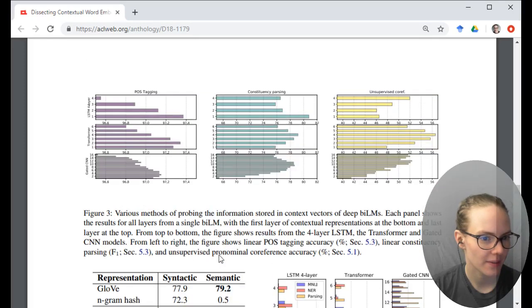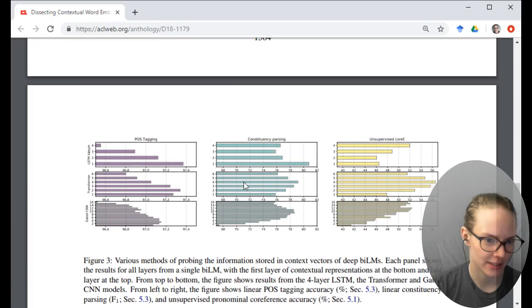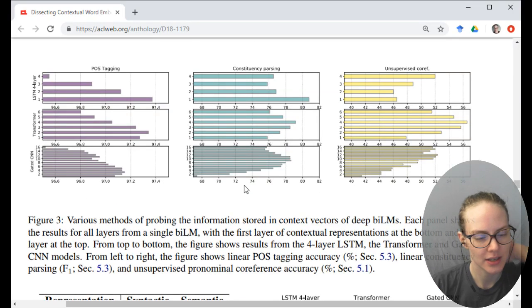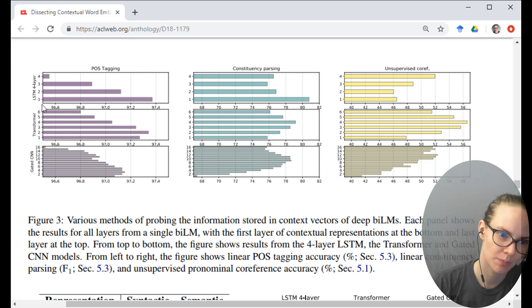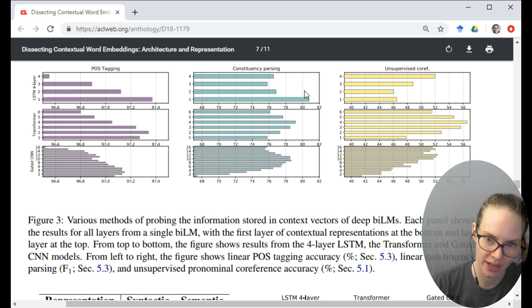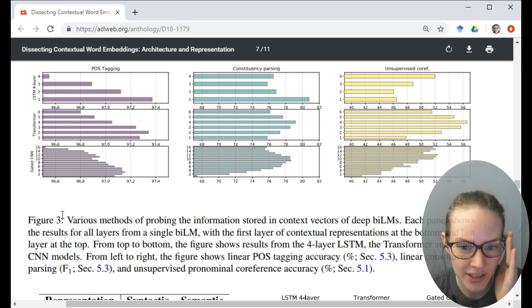Let's look at figure 3. Oh wow, it's a small one. Okay, part of speech tagging, constituency parsing, unsupervised coreference.